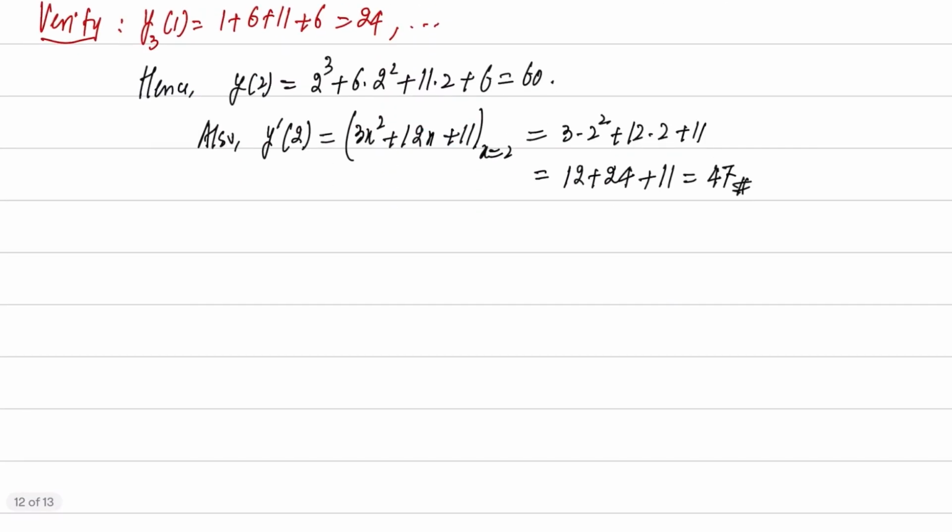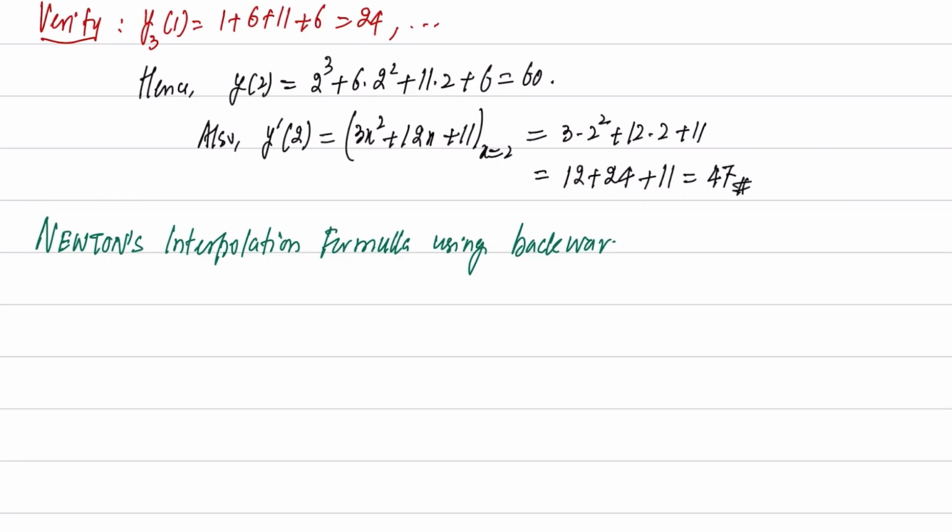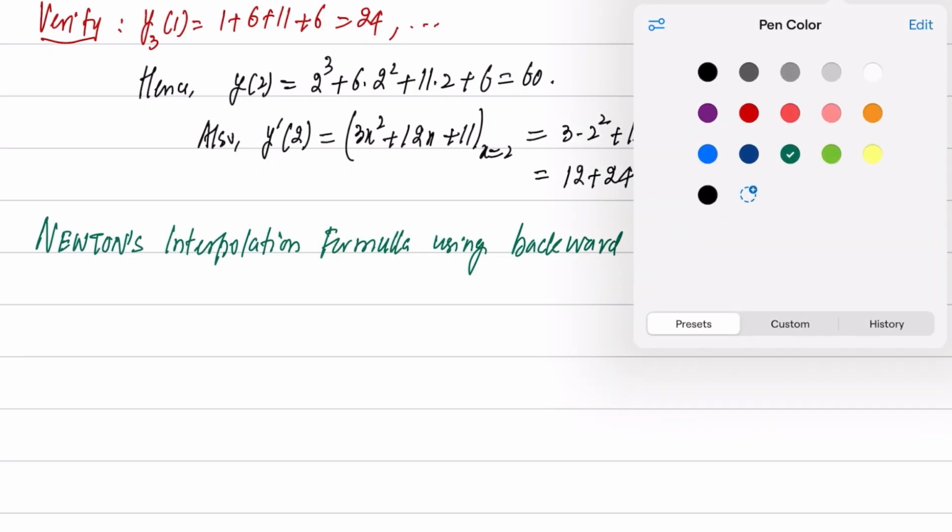Now let's go and define Newton's backward interpolation formula. Newton's interpolation formula using backward differences is a simpler formula, and it can easily be used in a similar way to how we used the forward difference formula.